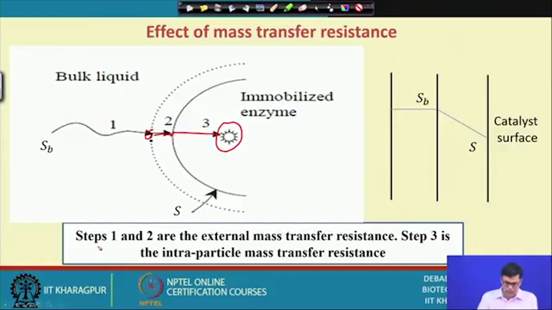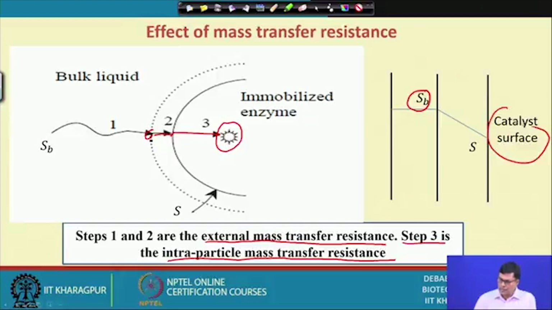This is the inner part. So, steps 1 and 2 are the external mass transfer resistance, and the third step is the intra-particle mass transfer resistance. SB is the bulk substrate concentration, and this is the catalytic surface. When it goes to the surface, this is SS. SS means the substrate concentration at the surface of the solid matrix.